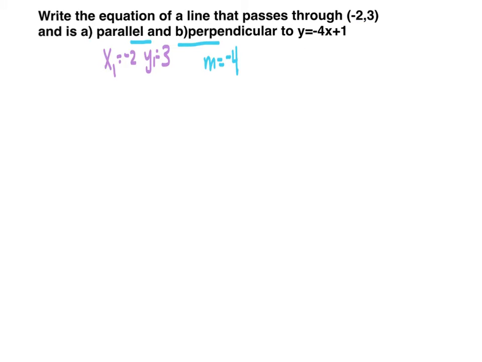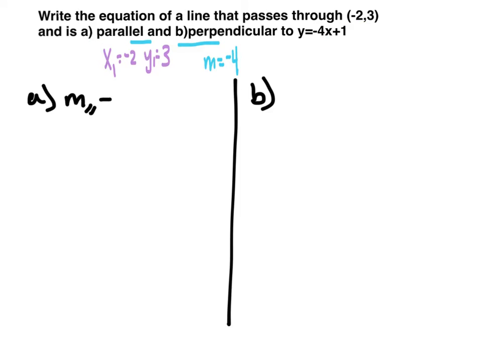So let's do part A, part B. If the original slope is -4, what will the parallel slope be? Well, parallel lines have the exact same slope, so this would be a slope of -4. So let's fill in our equation. Y minus y1, 3, equals our m, so -4 times x minus -2.